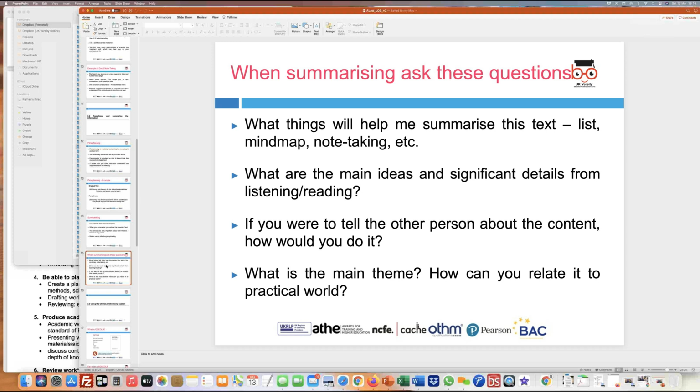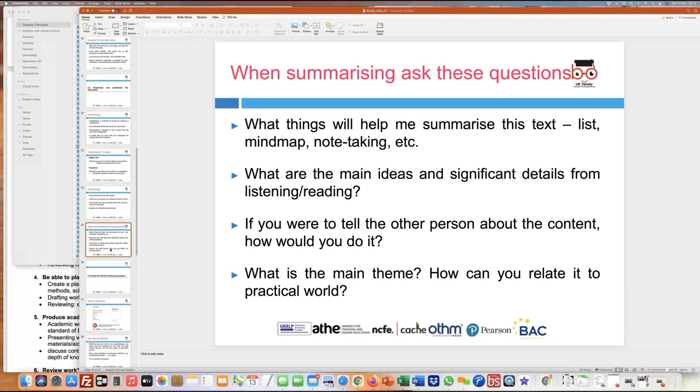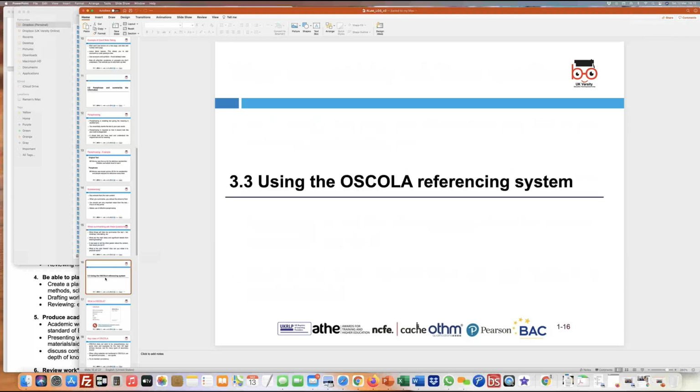So the idea of summarizing is to always understand the main theme and how we relate this to, for example, our case, or the information that we are trying to synthesize.